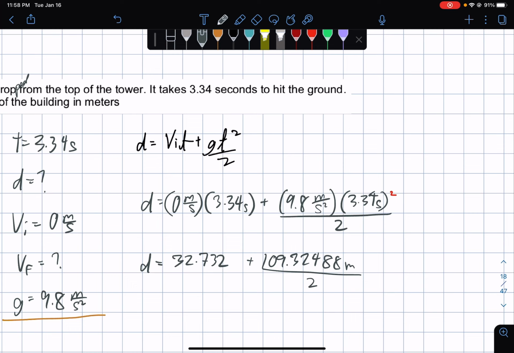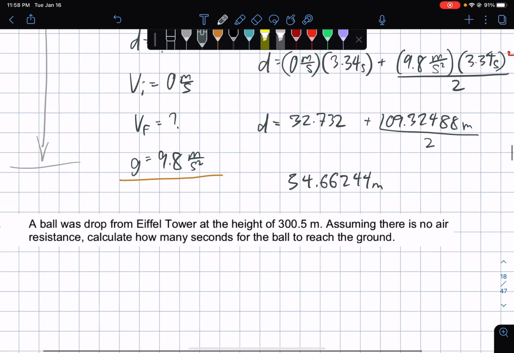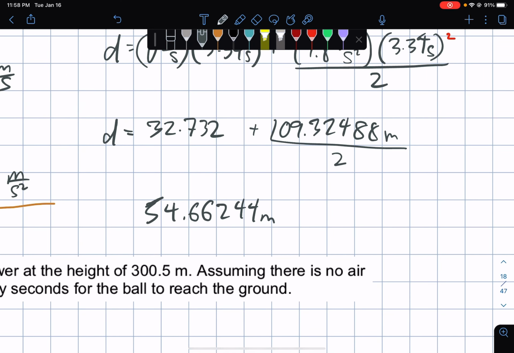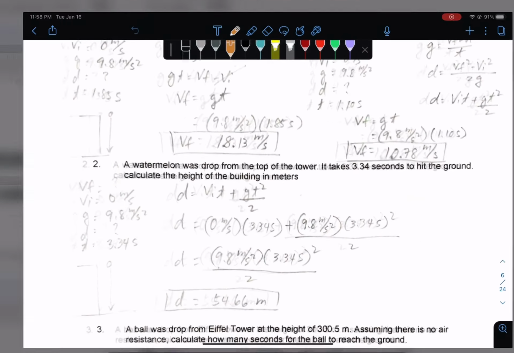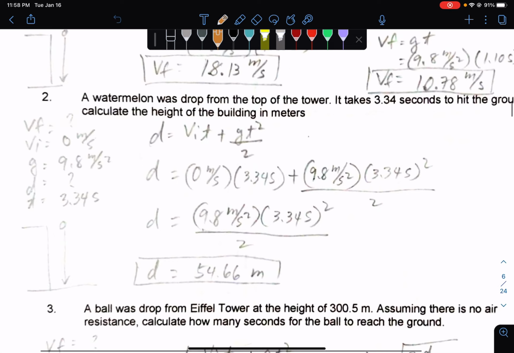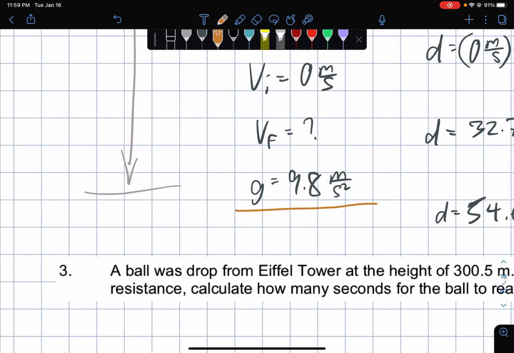And then divide it by 2. The answer is 54.66244 meters. Simplify that, round it off in a way. Maybe this would do. Let's see how the answer is rounded off. 2 digits only. Okay.